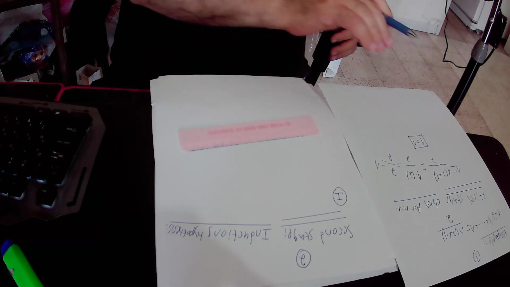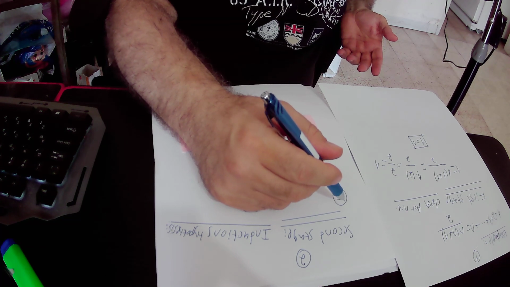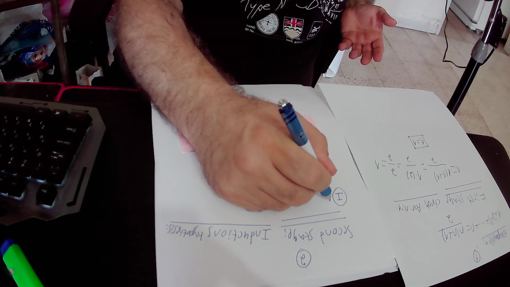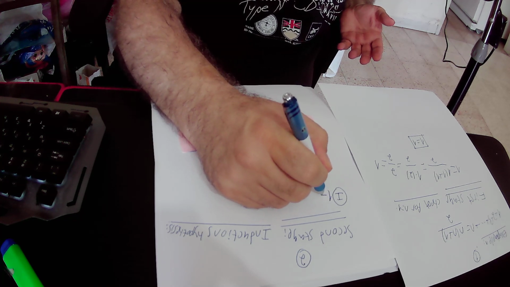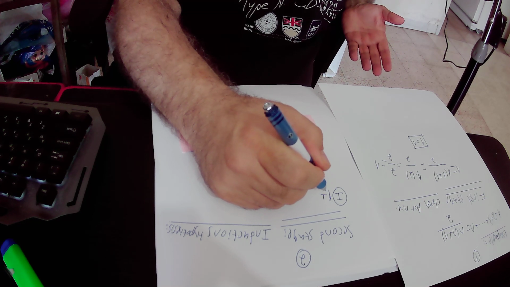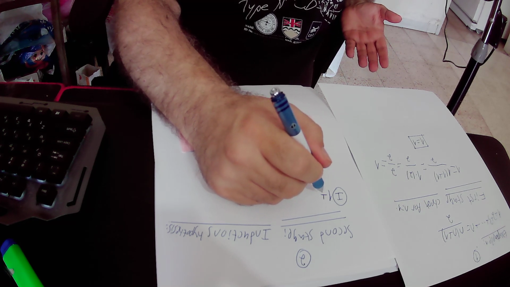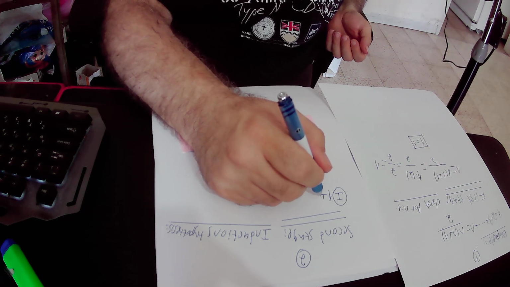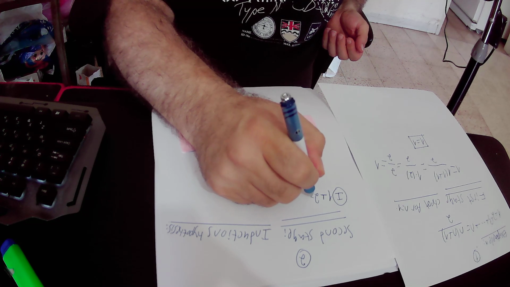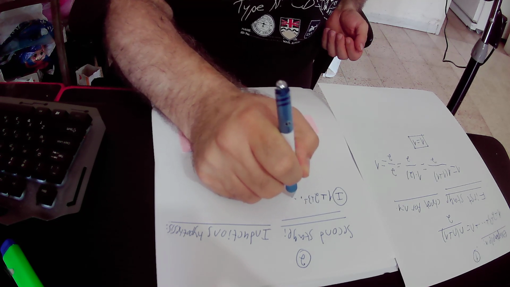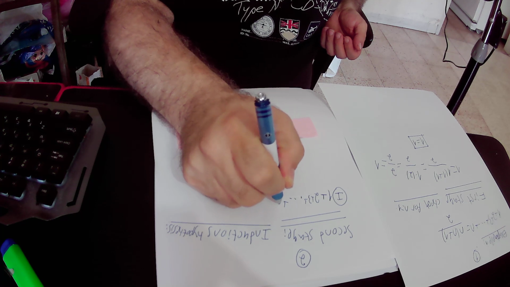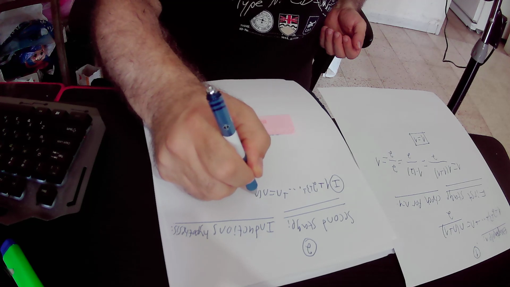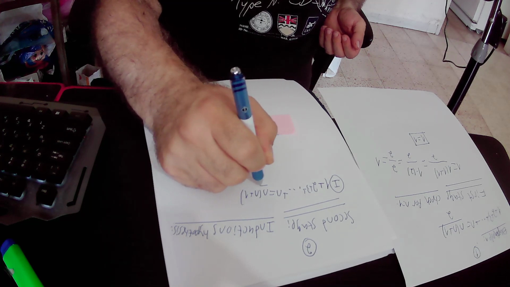So we will create the expression of the statement for n. It is actually exactly the same as the original expression itself, so we'll copy the statement as it is. It is 1 plus 2 plus 3 plus ... plus n equals n times n plus 1 divided by 2.